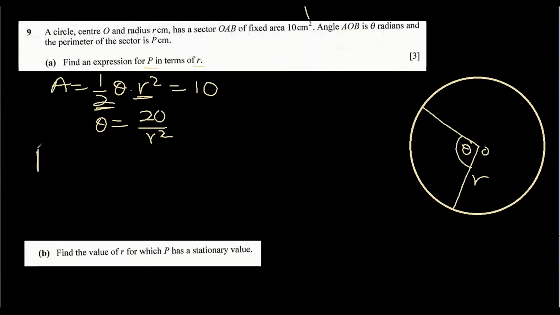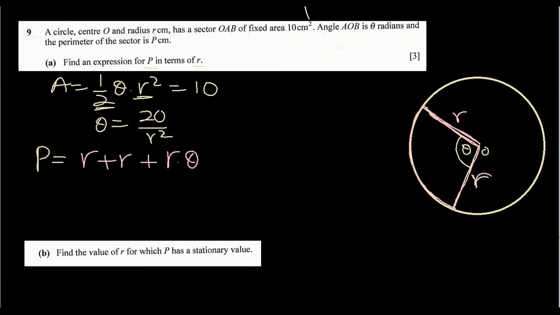They're asking us to find the perimeter. Let's see what is the perimeter in this case. Perimeter will be this length R plus this length R. So R plus R plus this arc. The formula for arc is R theta. So this will be the perimeter, but we don't want theta.